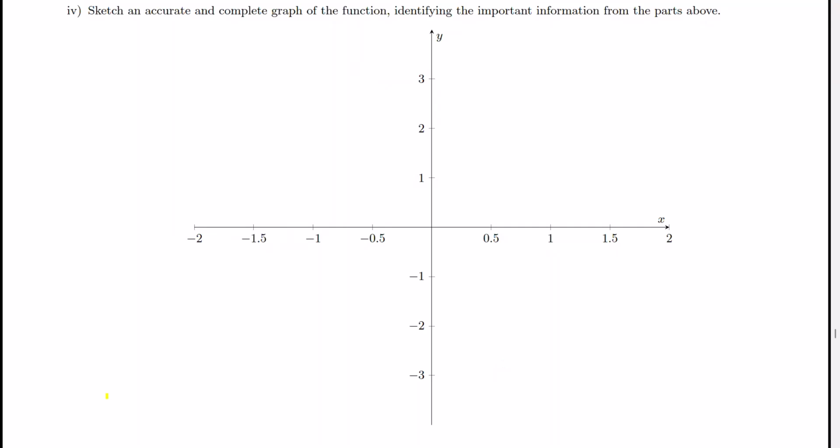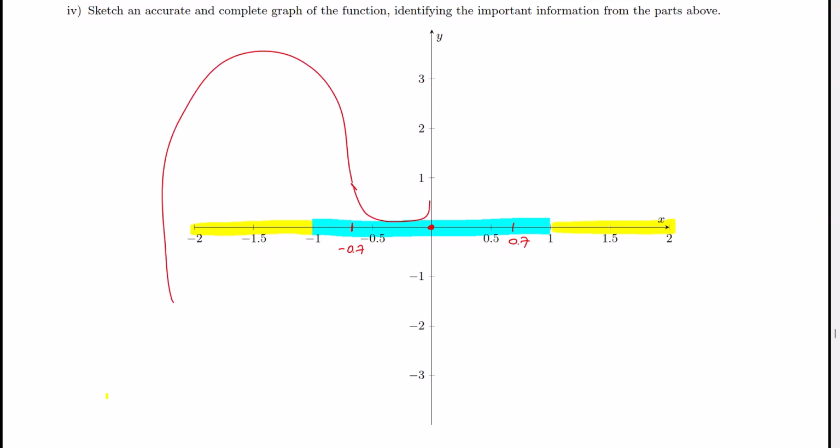And again, I want to point out that we were increasing on this interval, and we're supposed to be increasing on this interval, and we're decreasing on that interval. And we're concave down up until we get to negative 0.7. And something again happens at 0.7. And something happens at 0, 0. So we are supposed to be concave down here, then concave up here, then concave down here, then concave up here.